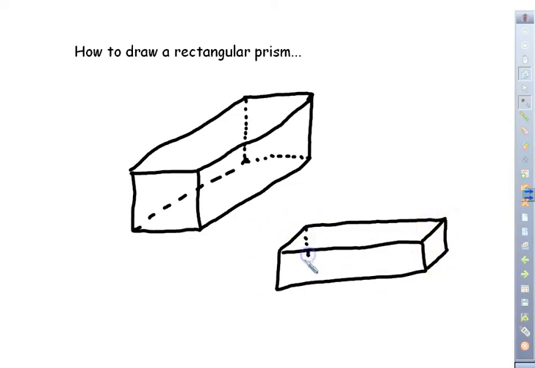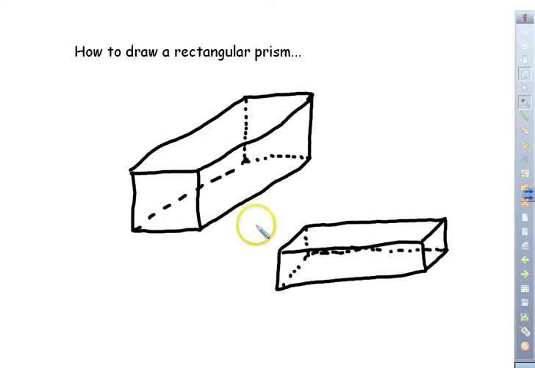This would be dotted, bring that over here, and then this line is almost hidden right on top of the other one, or below it, so it's a little more difficult to see. But you can see how you can change and turn that shape. It's the same one, just that we're working with this face instead of this face.